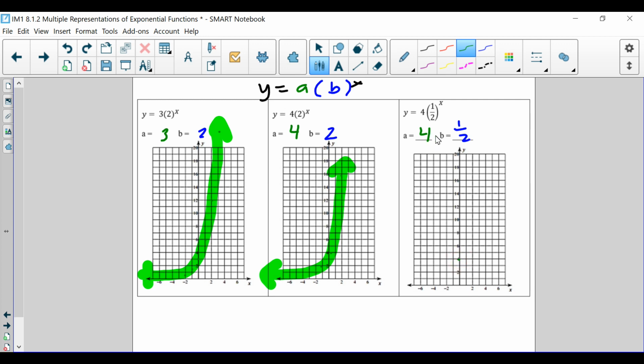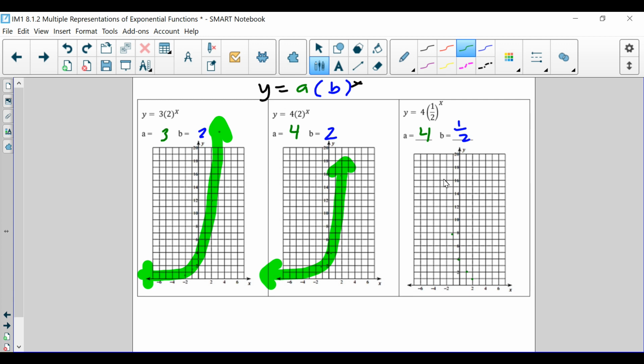Then half of 4 is what? It's 2. Half of 2 is 1. Why am I doing half? Because that's the multiplier. But what if I wanted to go on this side? Well, instead of doing half, I would do the opposite. That's double. So double 4 would be here.